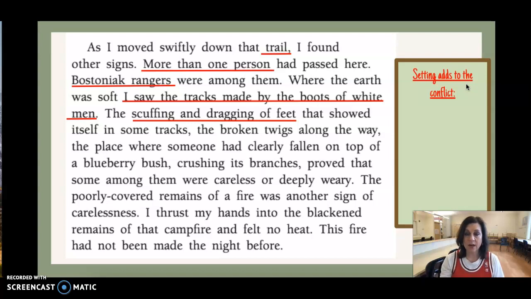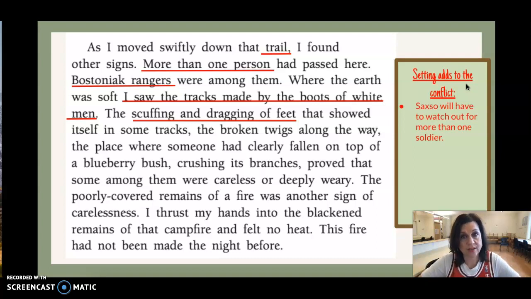Right there, he's going to have to watch out for more than one soldier, isn't he? It says more than one person. He needs to take a look. Boots of white men. Bostoniac Rangers. So there's definitely more than one. So that's affecting the conflict here.